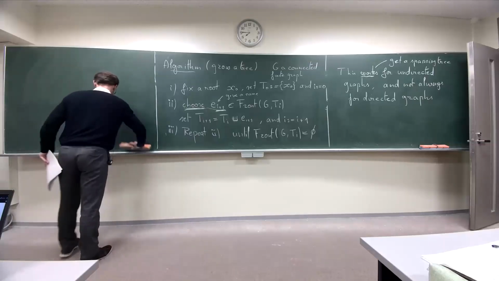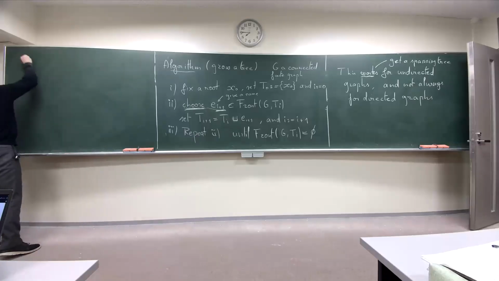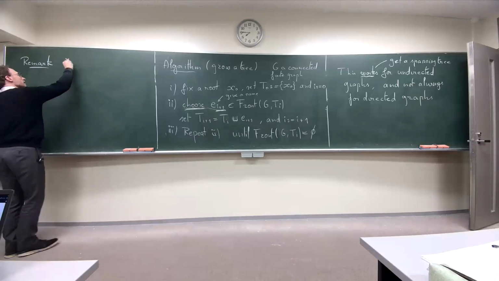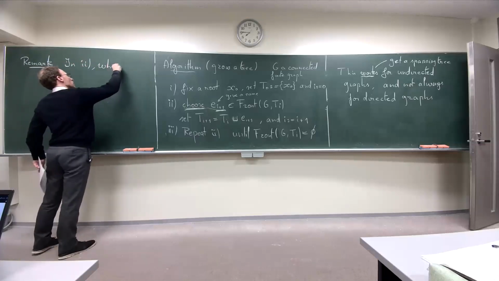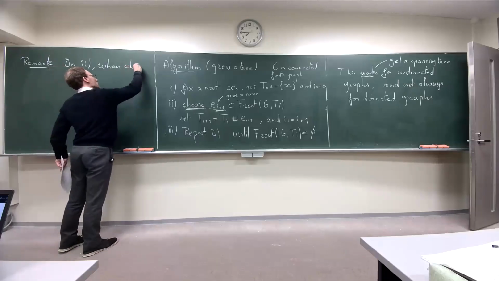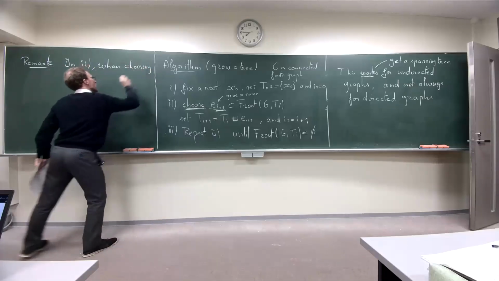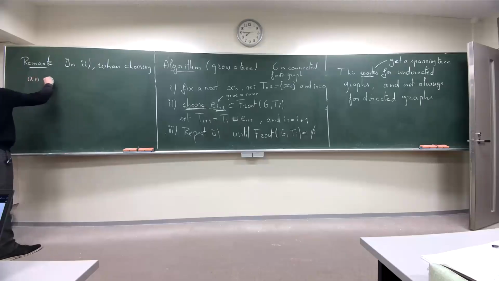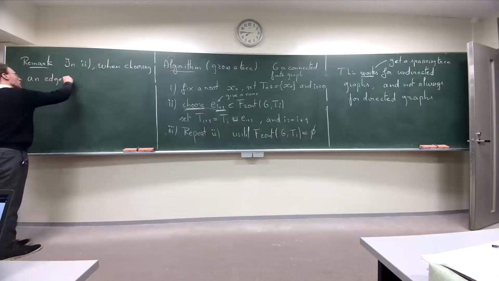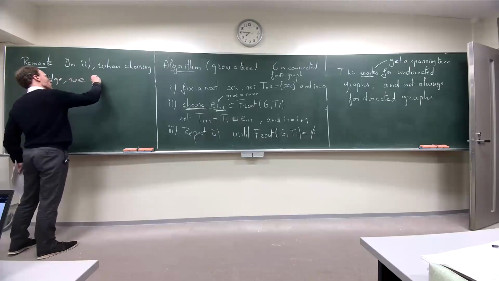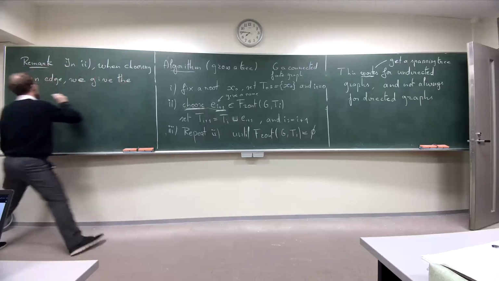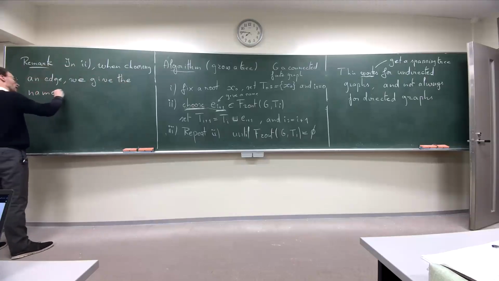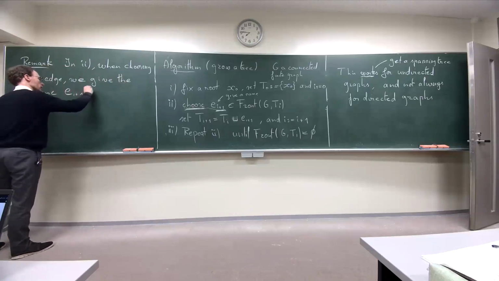Remark. In the second point, when choosing an edge, we give a name to it. We give the name E i plus 1 to it.